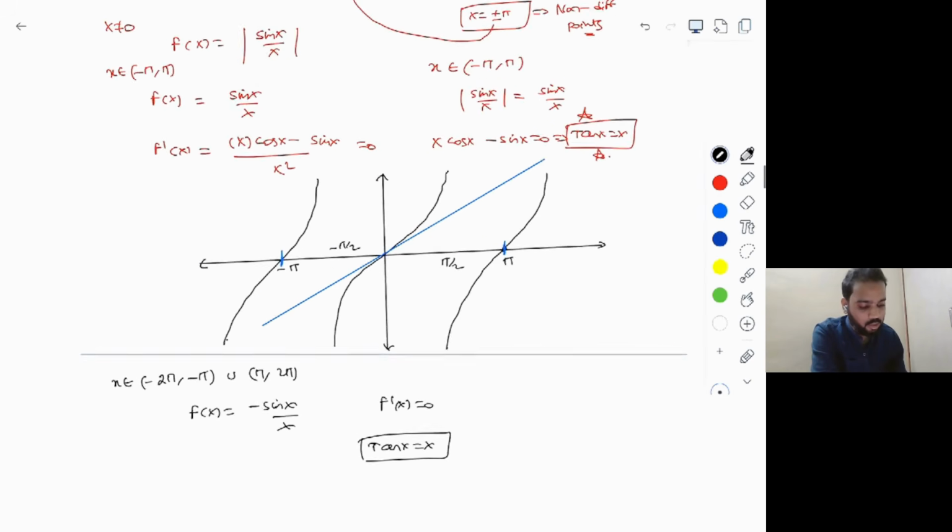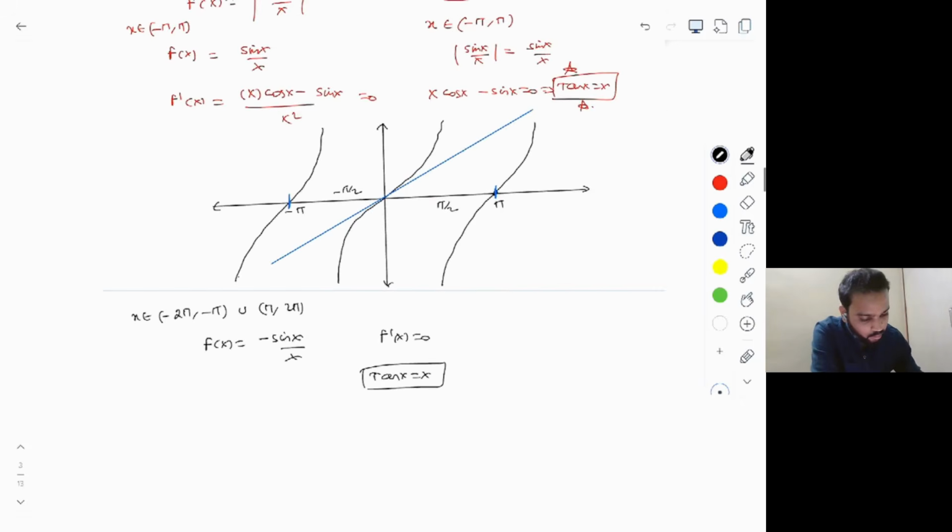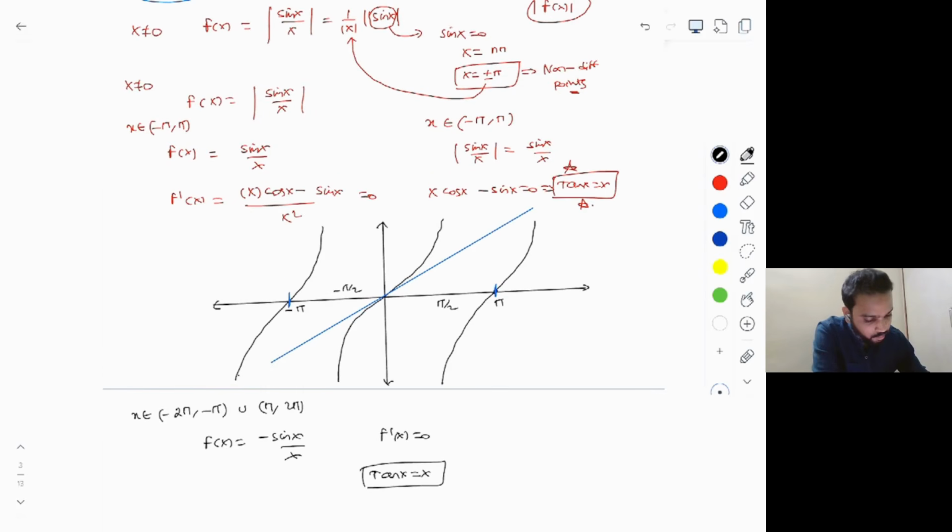So again you have to draw the same graph. Let us try to extend the same graph and verify. Or if you want, I can draw one more graph also, no problem, but that is up to you. Okay, let's see. I'll draw the graph here itself. This is your value 2 pi, and I'm extending the same graph.